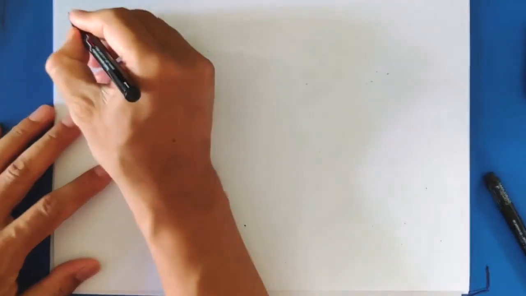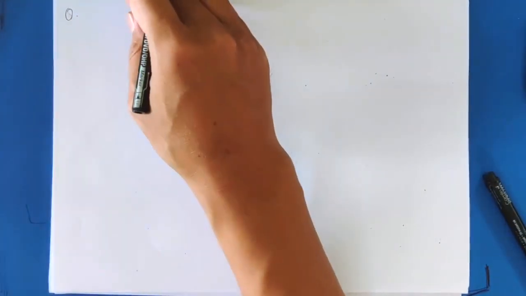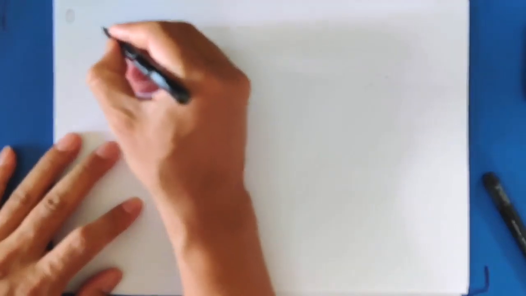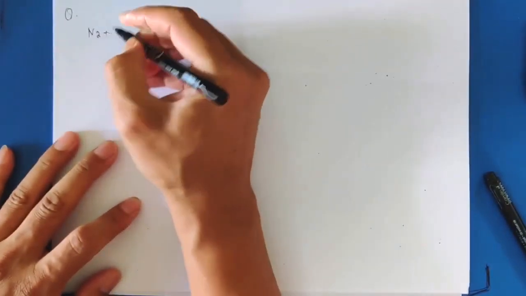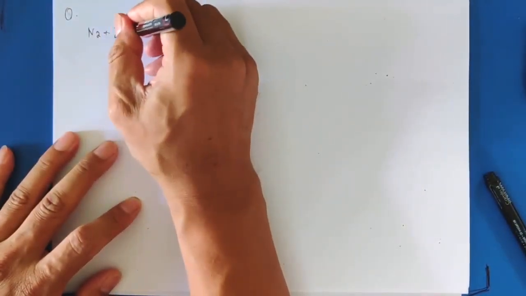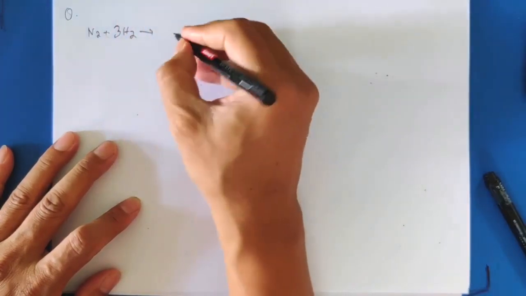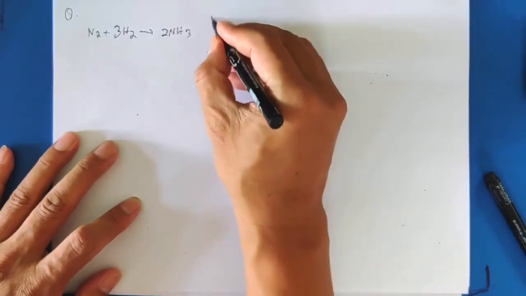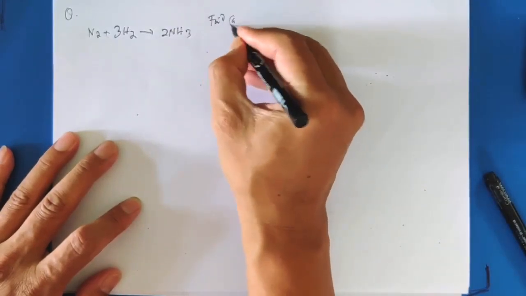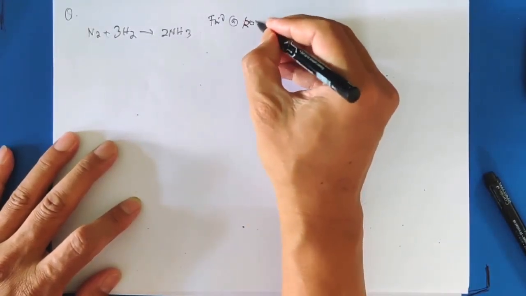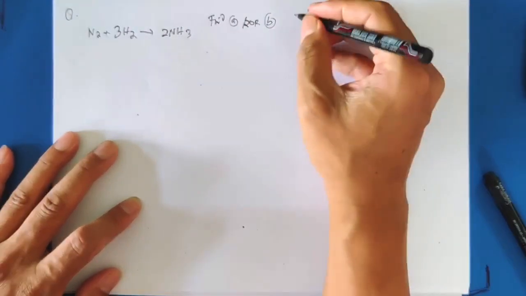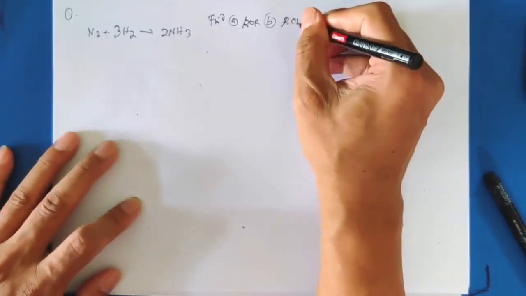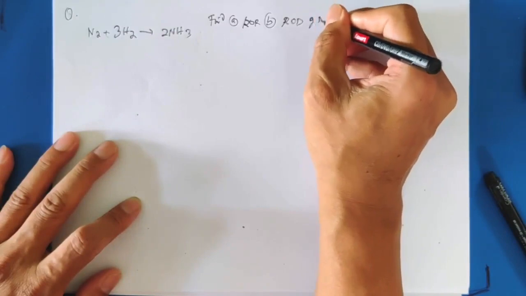Chemical kinetics is full of numericals. For this reaction, N2 plus 3H2 gives 2 molecules of NH3. What do you find? The rate of reaction, the rate of disappearance of N2.